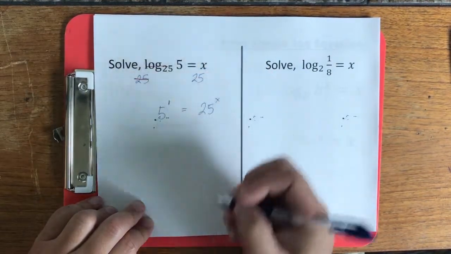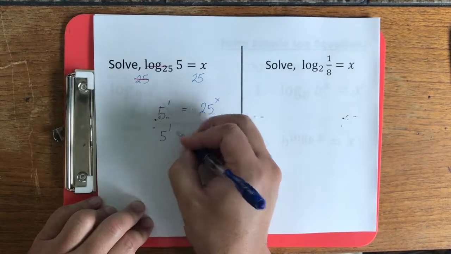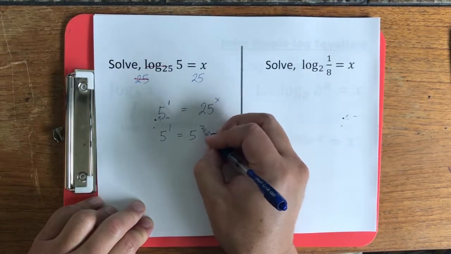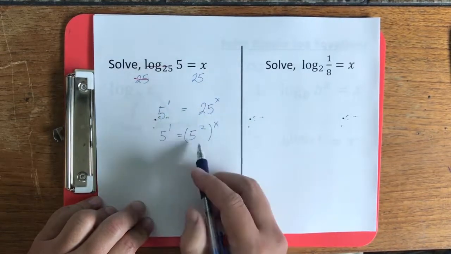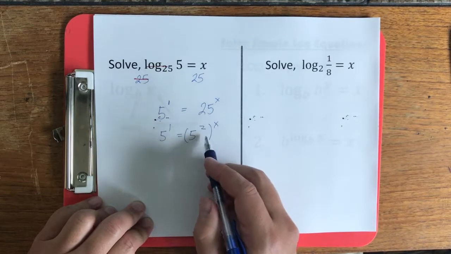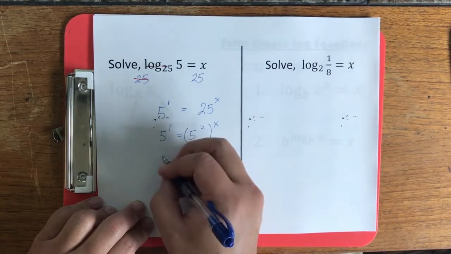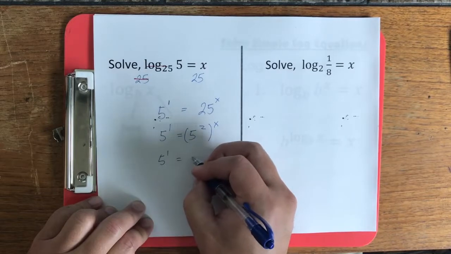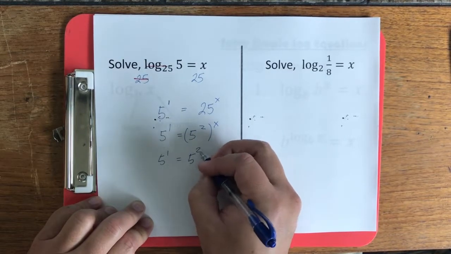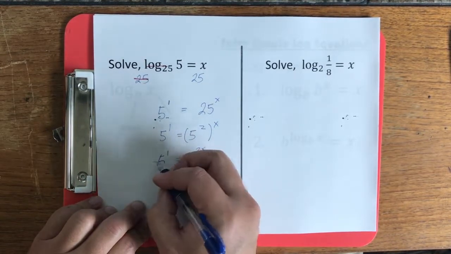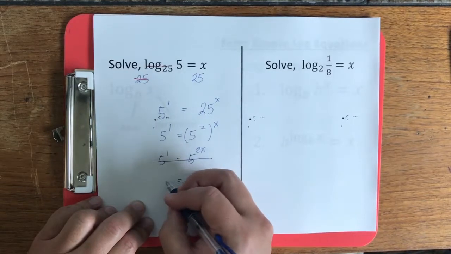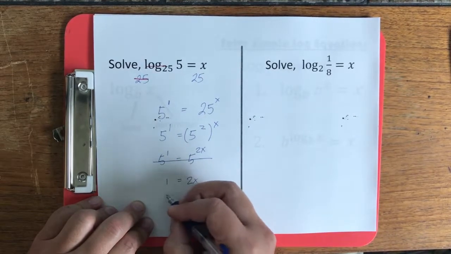So we'll make this 5 to the 1, and we'll go 5 to the 1 is equal to 5 squared to the x. So this 5 squared is equal to the 25. When I have an exponent of an exponent, I multiply. And then I remove the base, and I get 2x is equal to 1, so x is equal to 1/2.